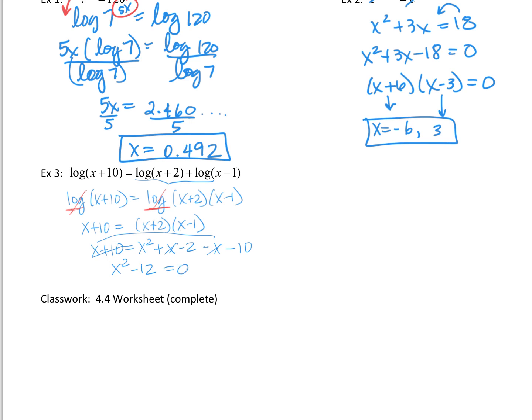Kind of gross, isn't it? We're not done. Yep. So move the 12 over. So x squared is equal to 12. So then if I take the square root of both sides, 2 square roots of 3, plus or minus 2 square roots of 3, right?